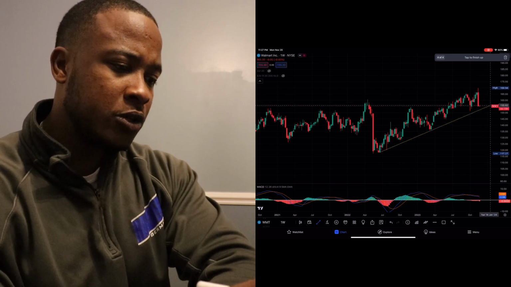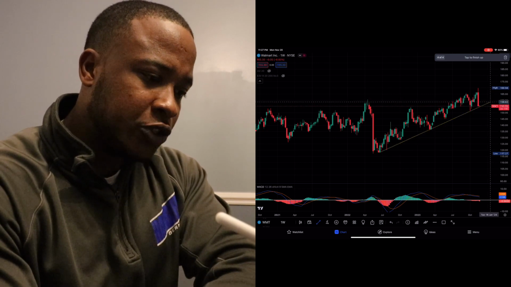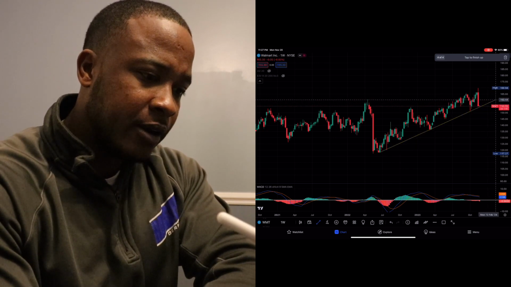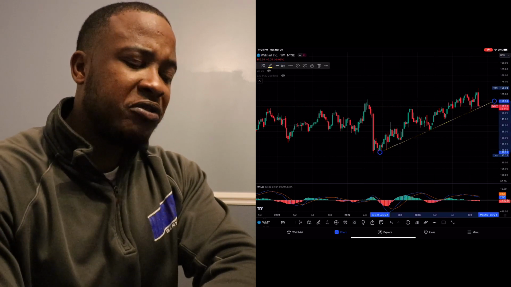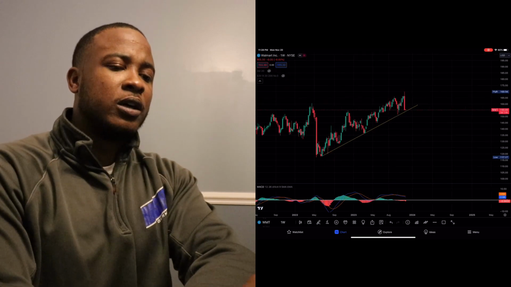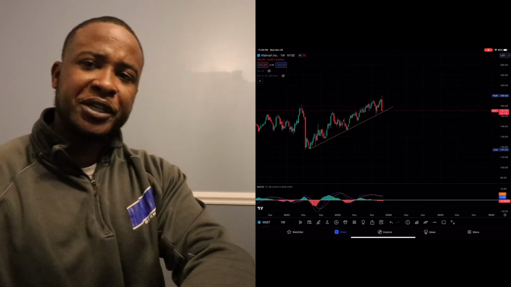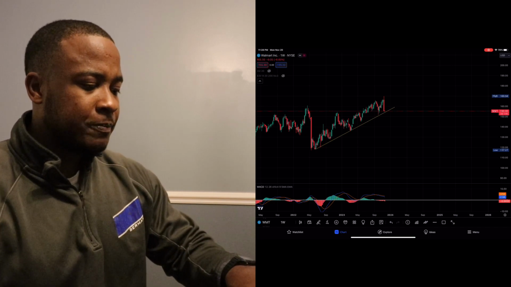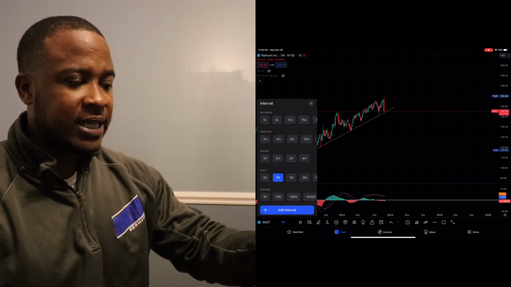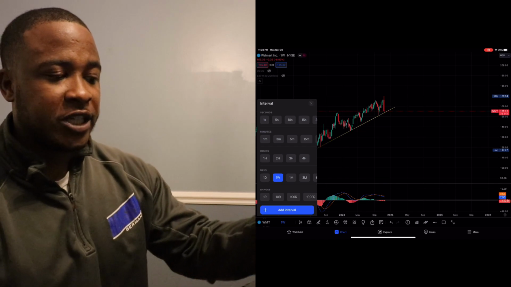So what I want to do is make a trend line. You'll see on many different people's charts, their trend lines can be slightly different depending on the time interval of the chart that you're looking at.